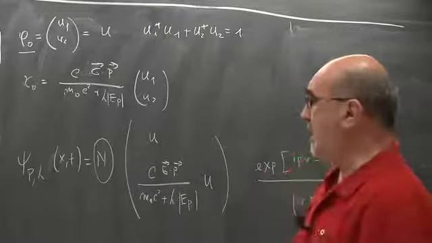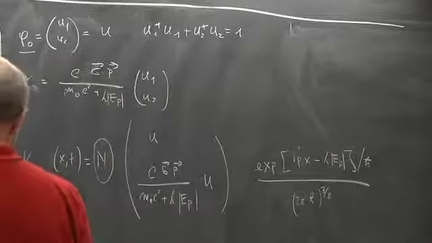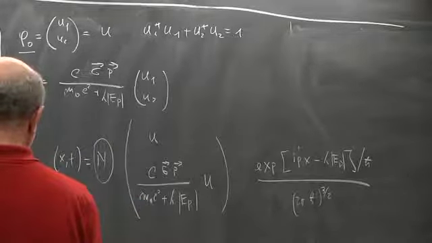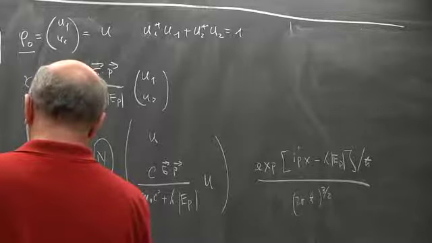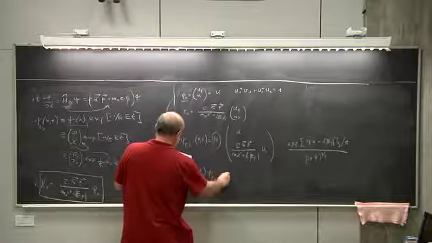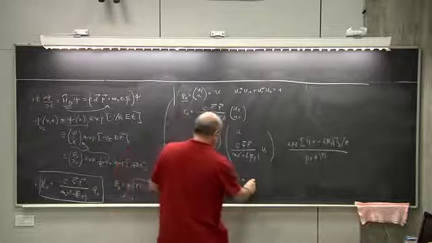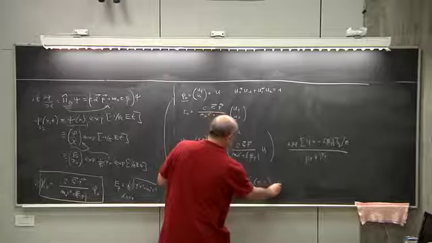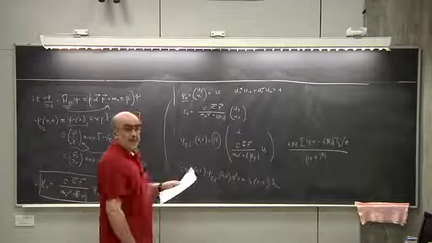So let's normalize them, and let's normalize in the sense of the Dirac delta, because there is a wave. So the integral of psi p lambda x t times psi p prime lambda prime x t in d3x, we want that to be something like delta p minus p prime, delta lambda lambda prime.